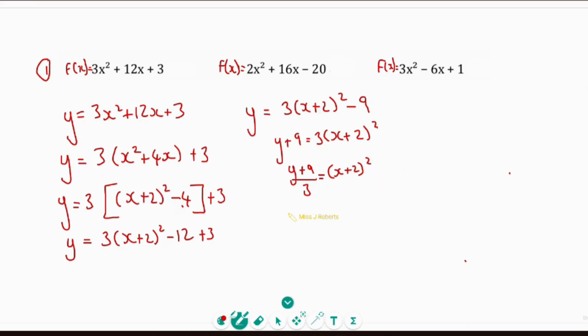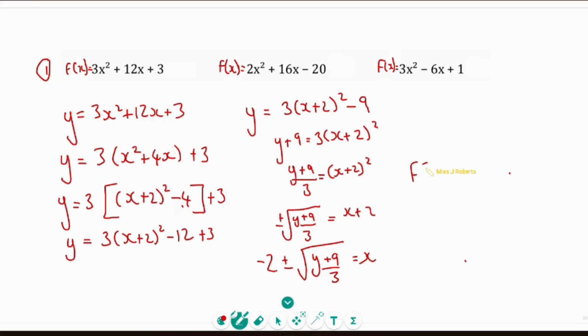Square root. Take 2 off both sides. And then finally replace any y's with x's and write in function notation.